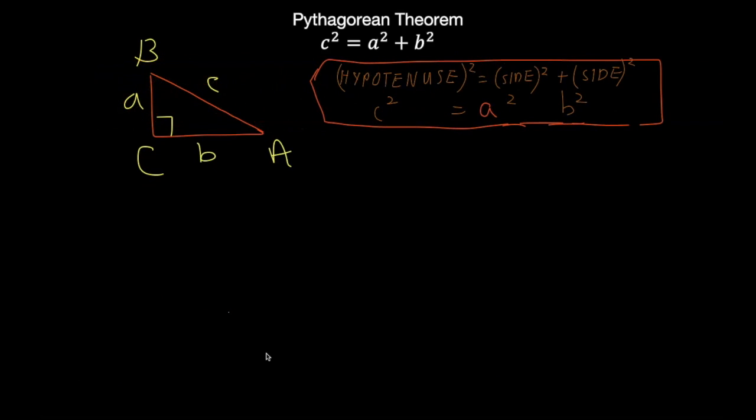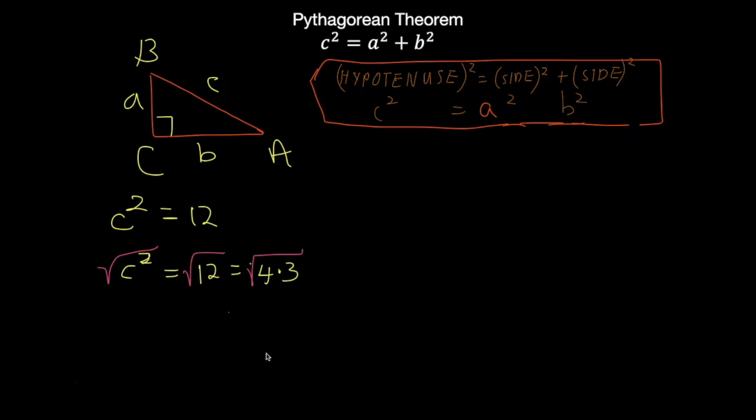So just a little bookkeeping here. If you were in an algebra class, you would often get answers like c squared equals 12. And as you square rooted it, you would see the square root of 12 is not a perfect square root. Well, at that point, you would want to break it down into 4 times 3, because 4 has a perfect square root.